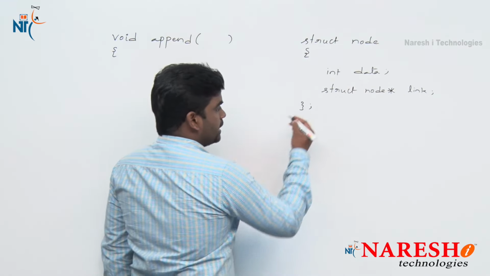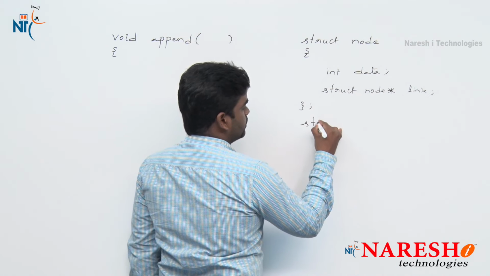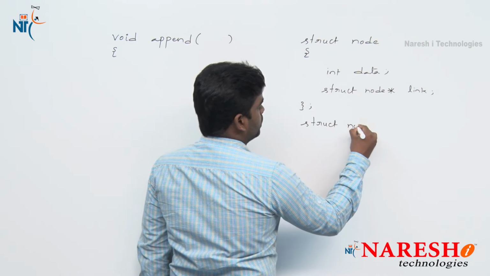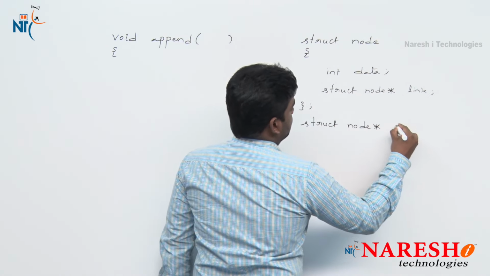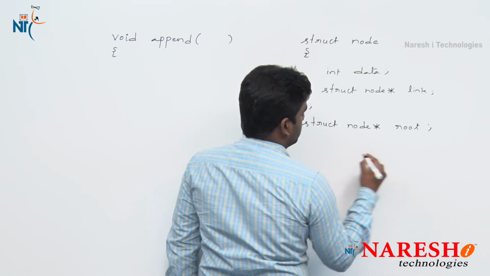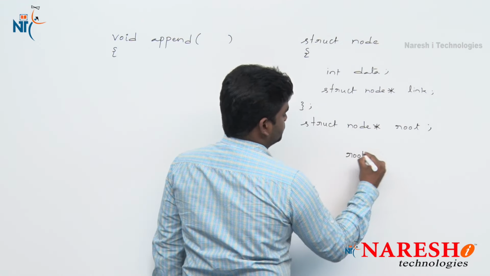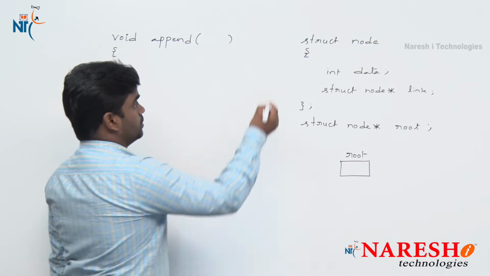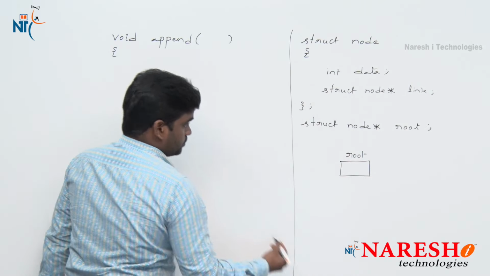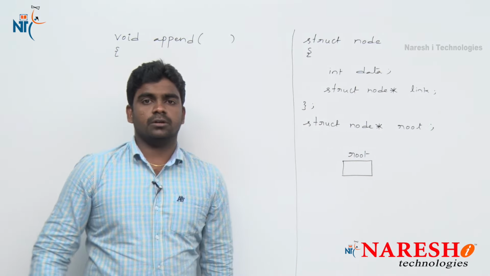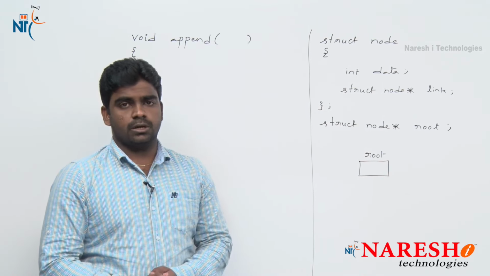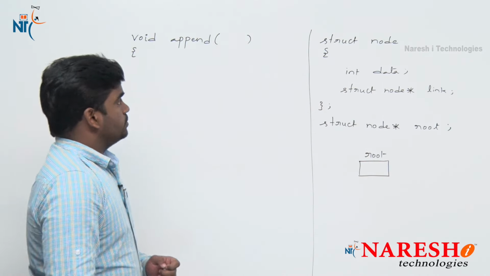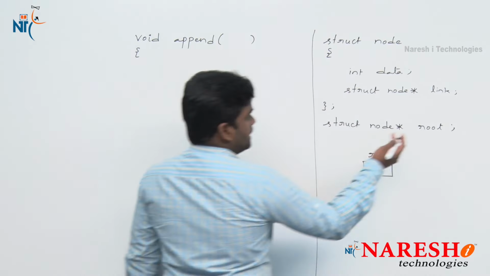So, first we are creating one variable, of course a global variable, struct node star root, and root gets memory allocation at some location. Now, first we check the initial value.